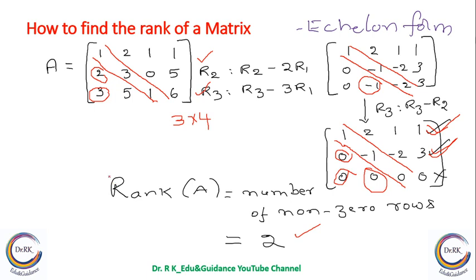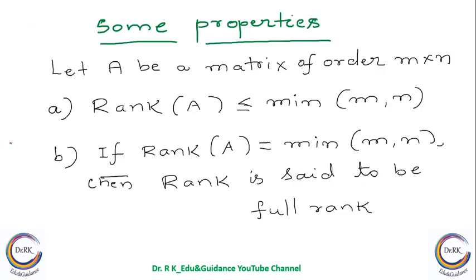If it is a simple matrix, we can try with the basic definition, that is with the help of determinants. Otherwise, we can try with the echelon form of the matrix. Okay, some properties which are useful. Suppose A is a matrix of order m by n, a rectangular matrix.